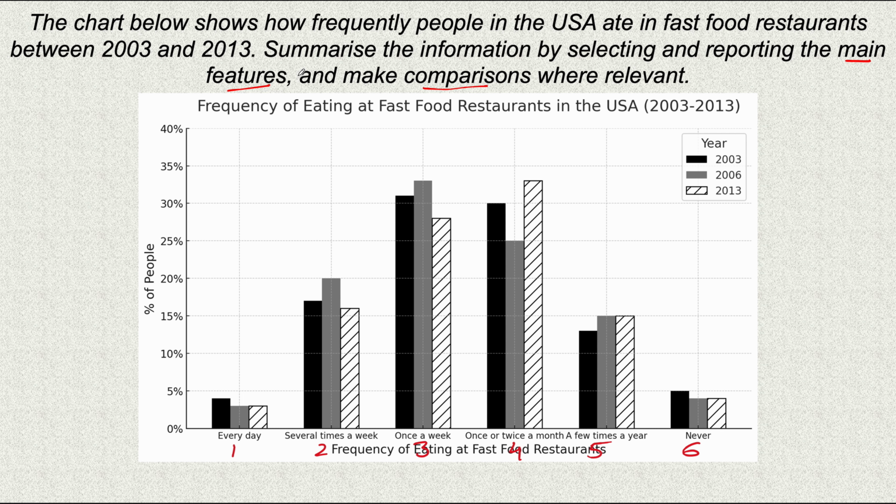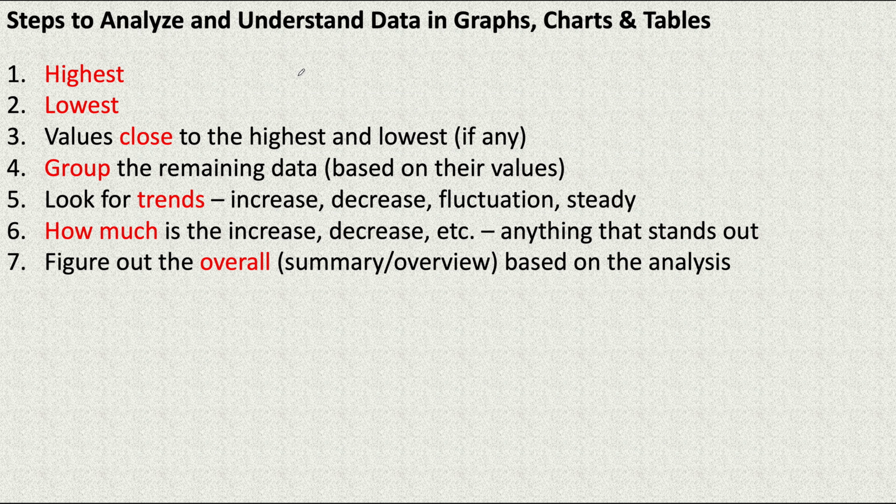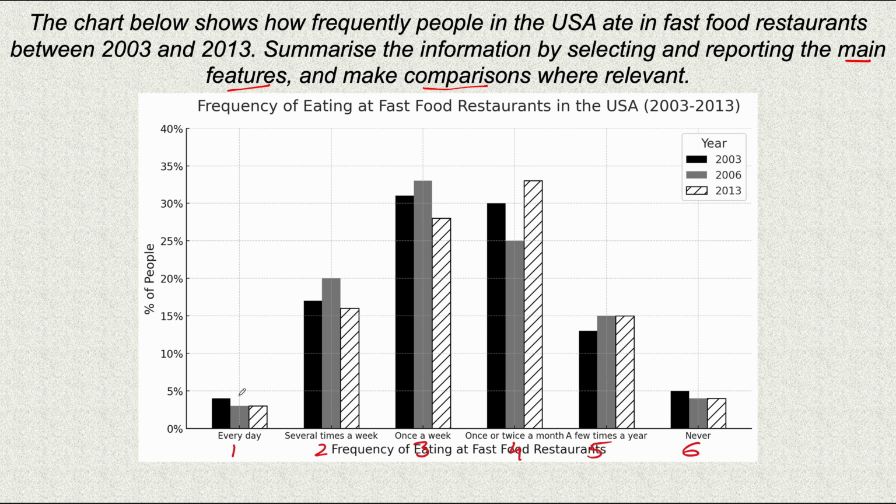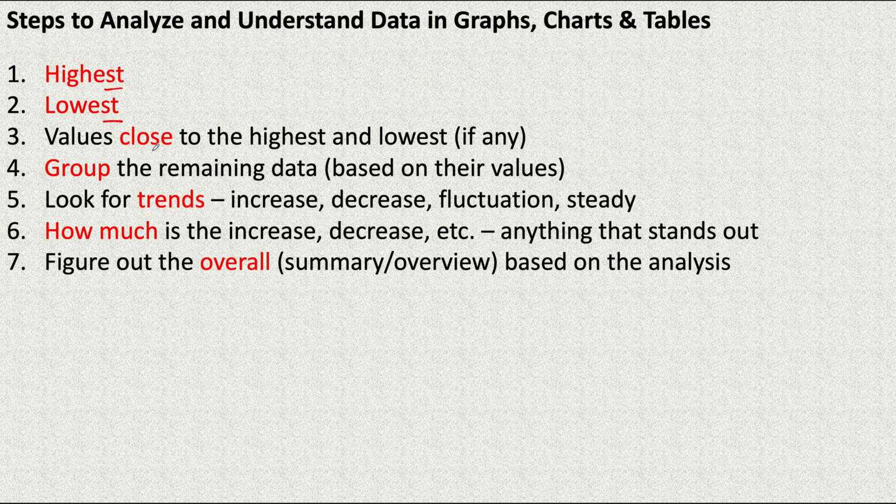To understand a graph, chart, or table, especially one with a lot of data, such as this one, I use a step-by-step system. First, I identify the highest and lowest. In this case, for each category, we have 3 years. So, we'll identify the highest and lowest for each year. Then we check for any values which are very close to the highest and lowest.